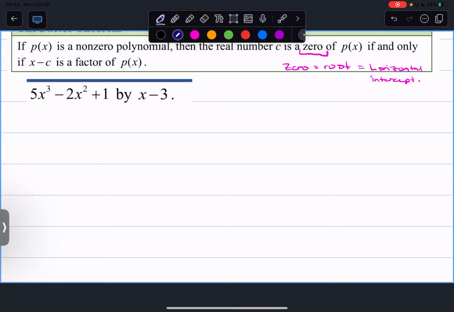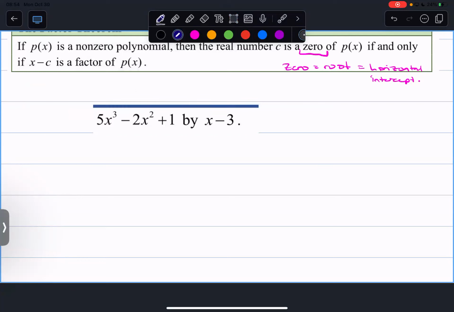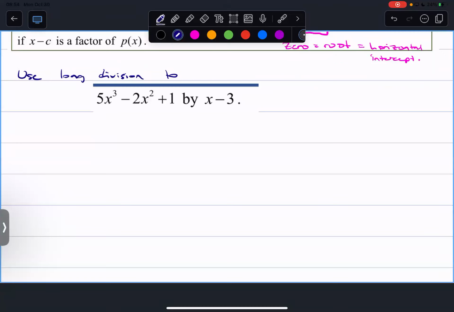Could be anything. Okay. So here, use long division to divide 5x to the 3 minus 2x squared plus 1 by x minus 3.